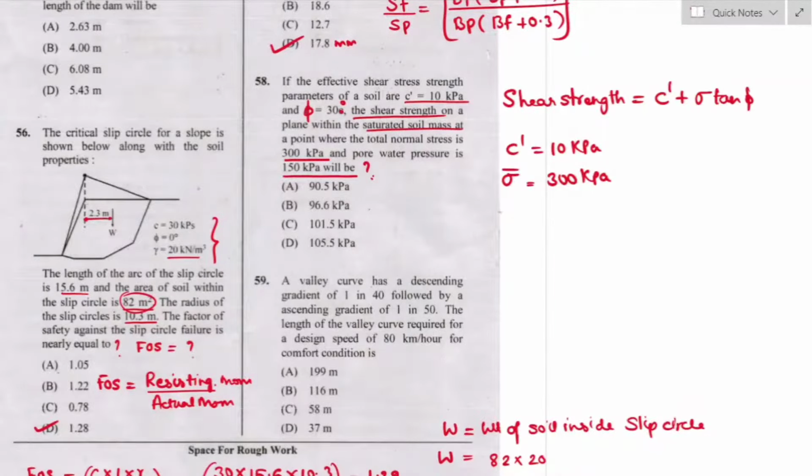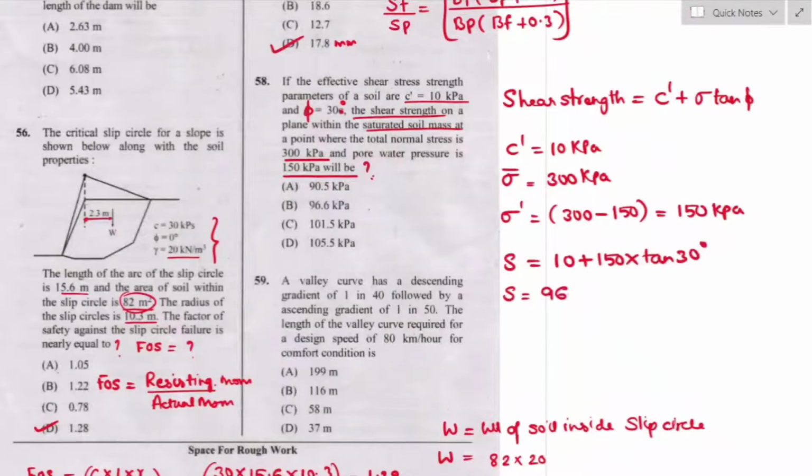Effective normal stress will be total normal stress minus pore water pressure, that is 300 minus 150 kilopascal, which is nothing but 150 kilopascal. So shear strength is 96.6 kilopascal. So the right answer is option B, 96.6 kilopascal.